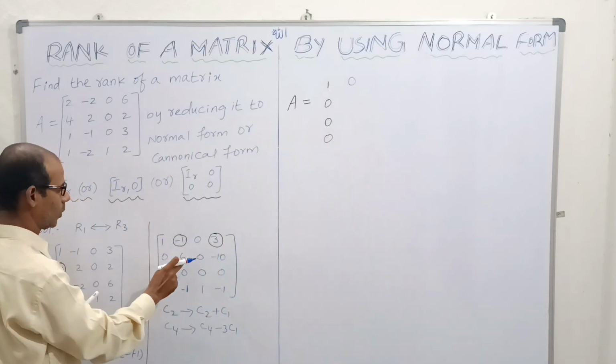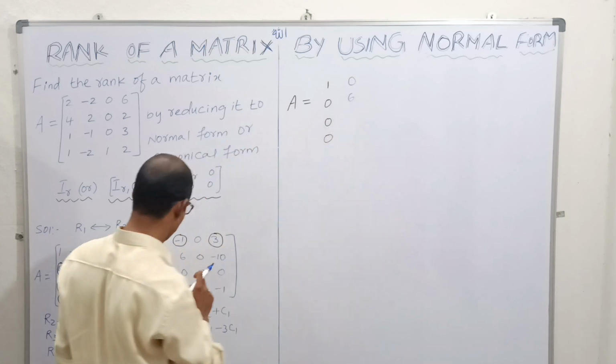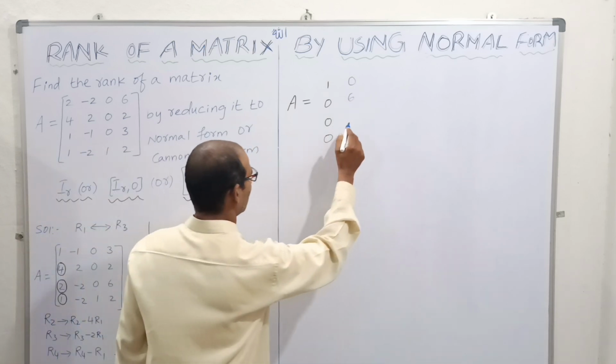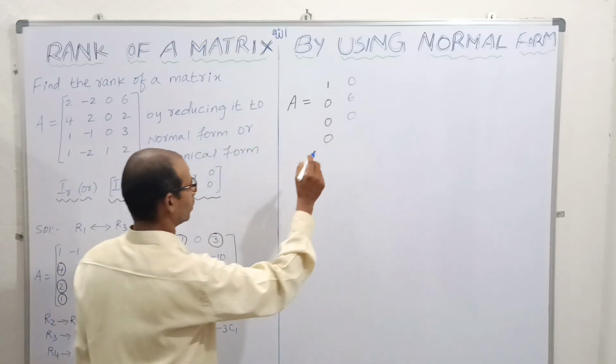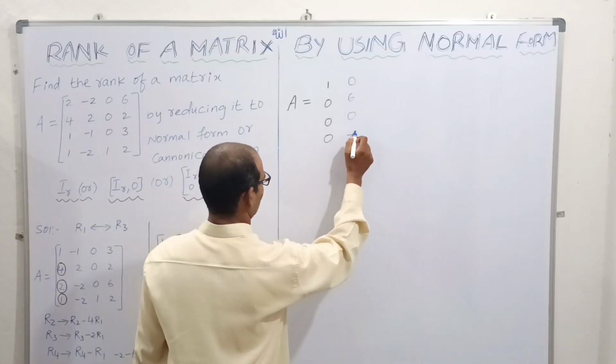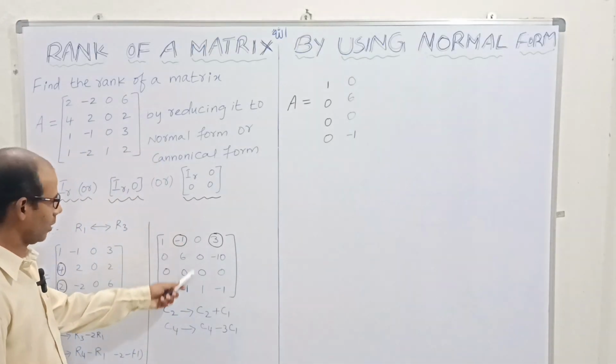Minus 1 plus 1 becomes 0. 6 plus 0, it is 6. 0 plus 0, it is 0. Minus 1 plus 0, it is minus 1. Right?